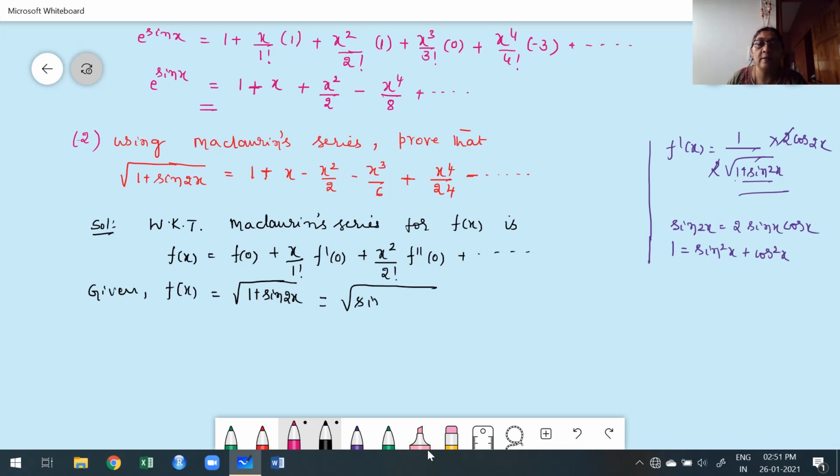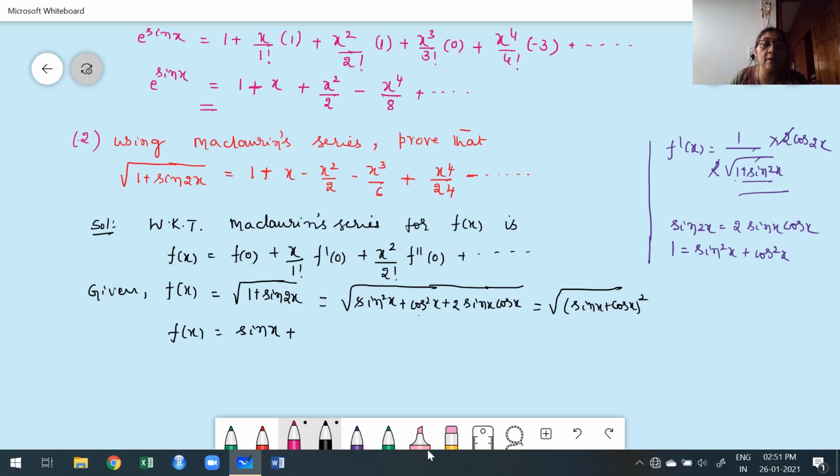Sin square x plus cos square x plus 2 sin x cos x, from the fundamental trigonometry relations. This is just like a square plus b square plus 2ab, which is nothing but a plus b whole square. So root of sin x plus cos x whole square. Now finally we get f of x is sin x plus cos x.